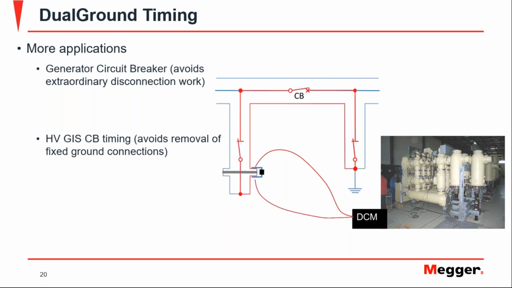Also, GIS testing. You can test high voltage GIS with this technique. The challenge with the GIS substations or switchgear is that you don't have access to the terminals of the breaker. The only access is through the grounding points. And to be able to get access to that, you need to disconnect the grounding links.